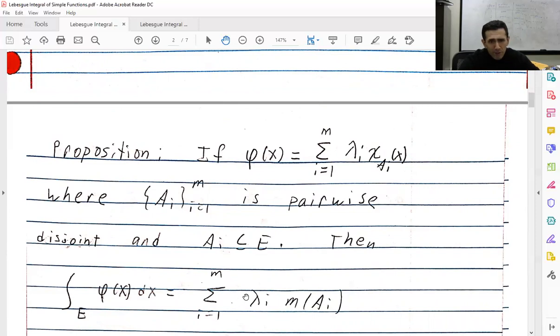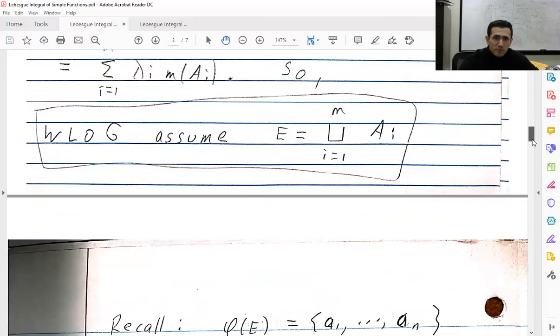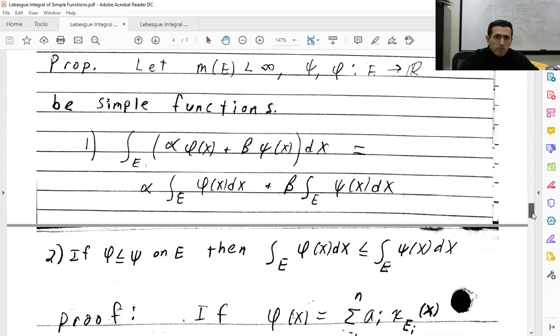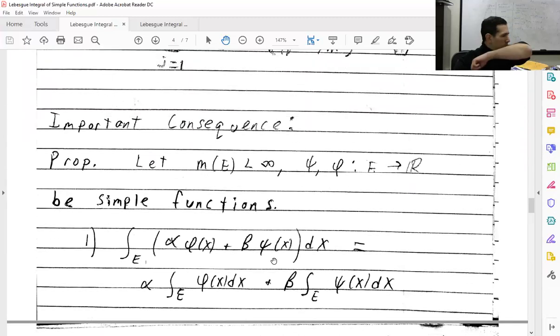In fact, we used this under this assumption that these are pairwise disjoint to prove linearity, particularly here, that the integral of a sum is a sum of their integrals. We only proved it for 2 functions, but trivial induction gives us this fact for any finite linear combination of simple functions.